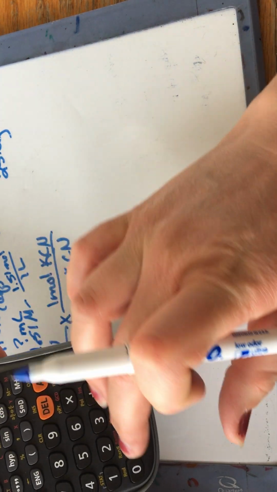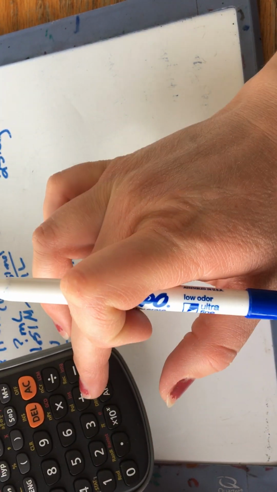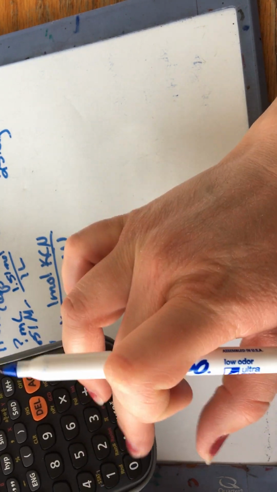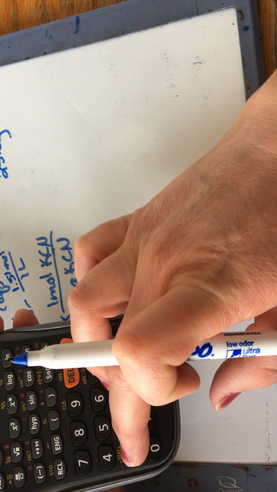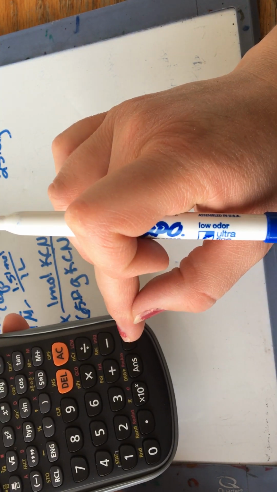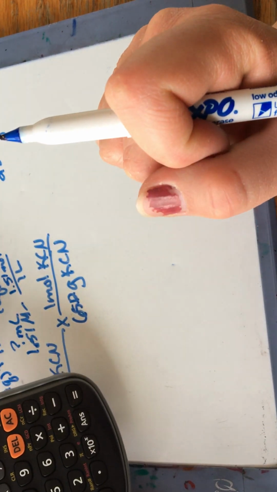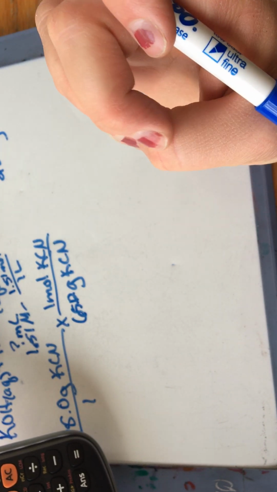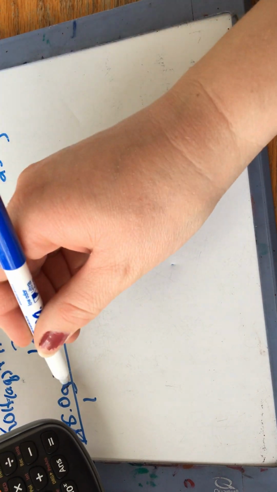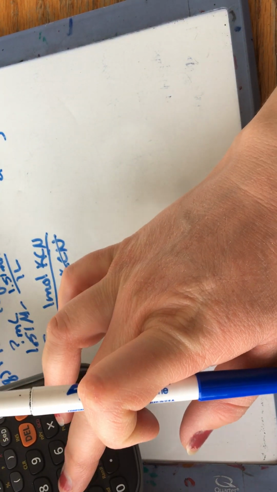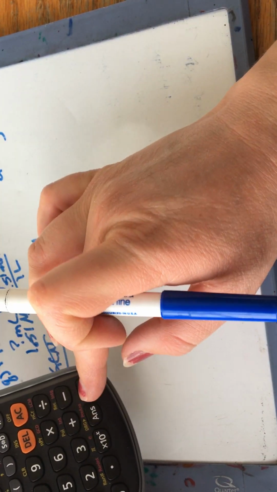And because you guys aren't here to check my work, I am going to do it one more time. 65.12. Good deal. Okay, so now we're going to have these 25 divided by that answer.